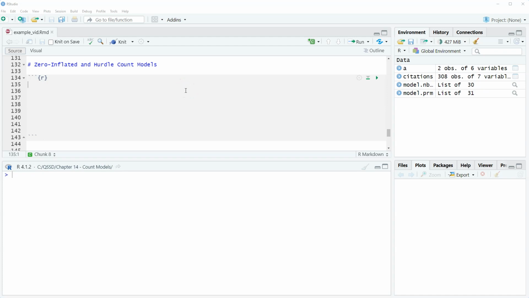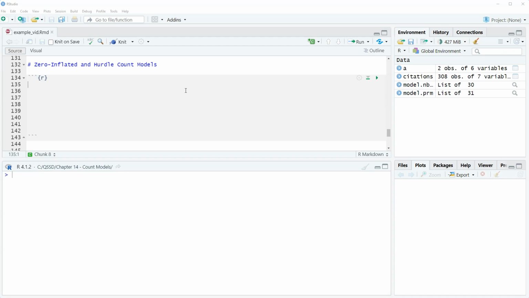With our second edition. So in this video, what we're going to do is take a relatively quick look at zero inflated and hurdle count models. We would use these types of count models if we have a problem with excess zeros.